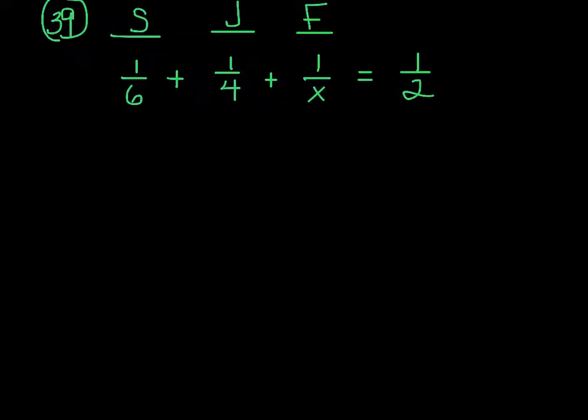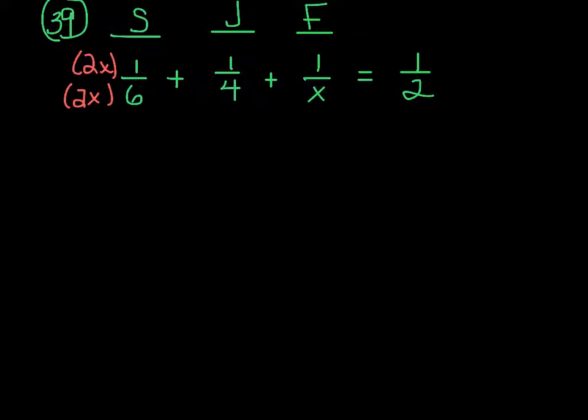Now listen, at this point, everything else is going to be exactly what we were doing with all the other questions. So at this point, we're just going to find a common denominator. So we have denominators of 6, 4, x, and 2. So I'm thinking 12x. So then that means that this first denominator needs a 2 and an x. So does the numerator then.